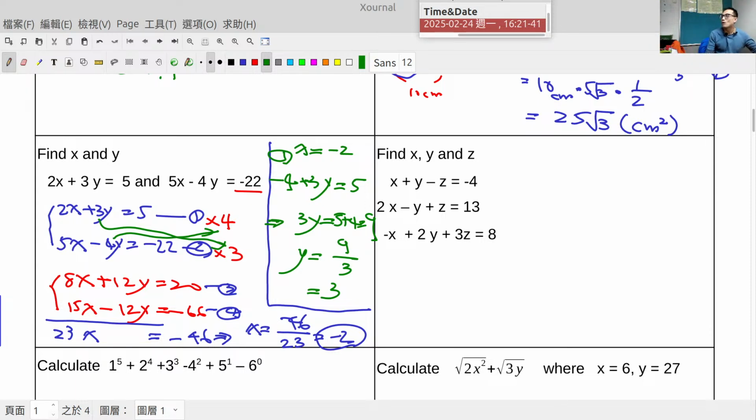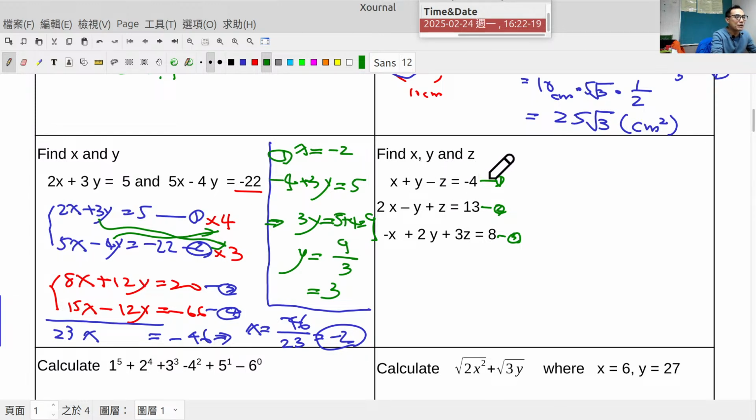Find x, y, z. Before we start, if you observe it, you can see it's a very easy question. Look at equations number 1, 2, 3. When we observe 1 and 2, plus y minus z and plus y, if we put the first and second line together, we can cancel y and cancel z.